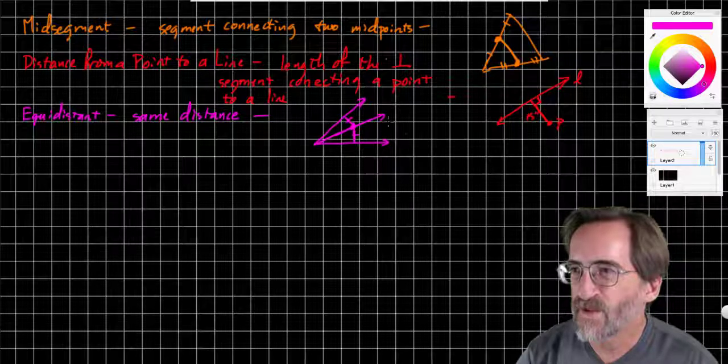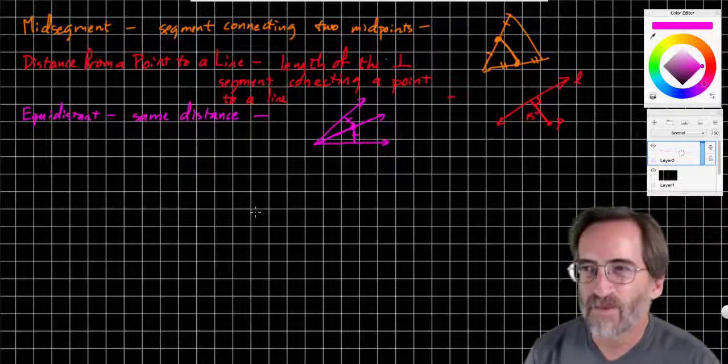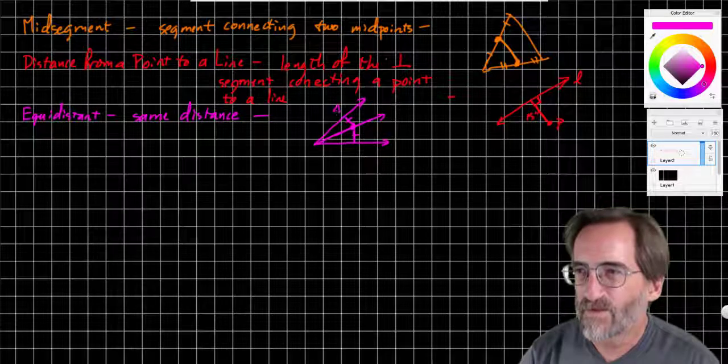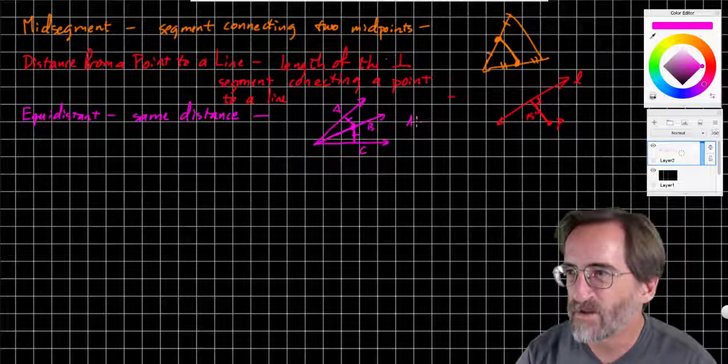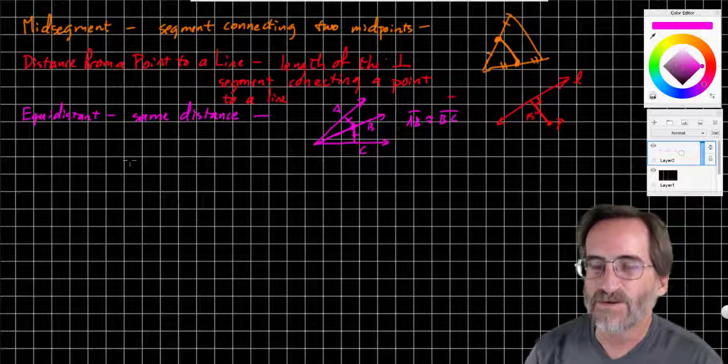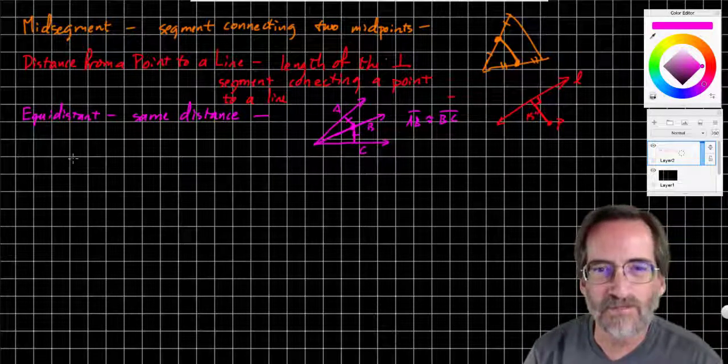That is, these two segments are the same length. Let's label these A, B, and C, and we'll indicate AB is congruent to BC. They are the same length. They are congruent segments.